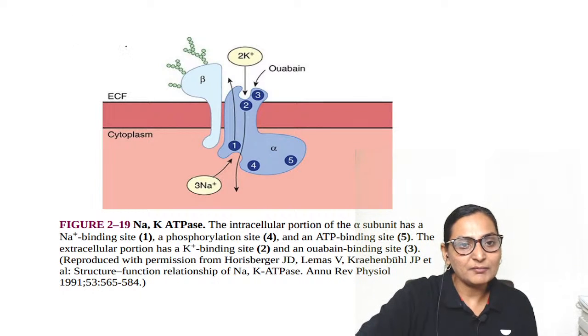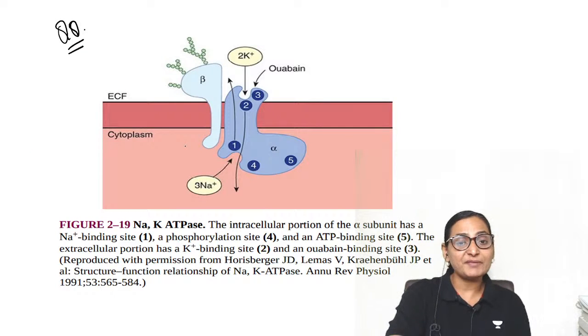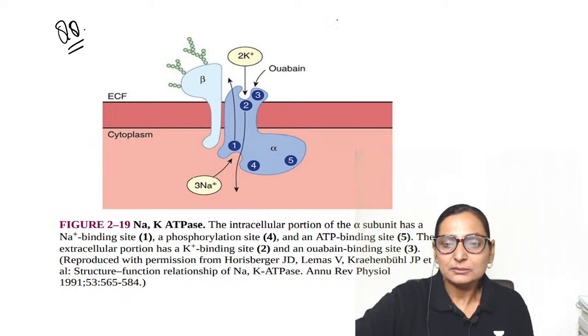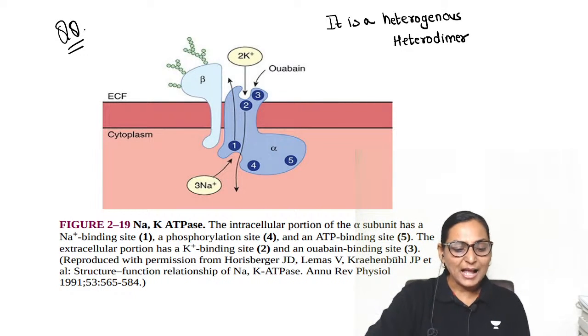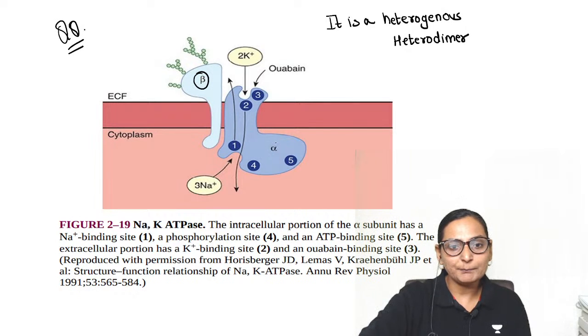Now, this is again a very important short note, the sodium potassium pump, one of the highly important competencies for general physiology. You are also asked to draw a well labeled diagram. What points can I write here? I must know that it is a heterodimer having two subunits, alpha and beta.